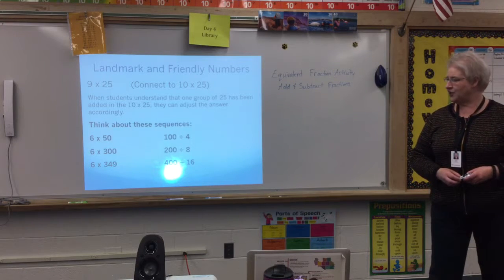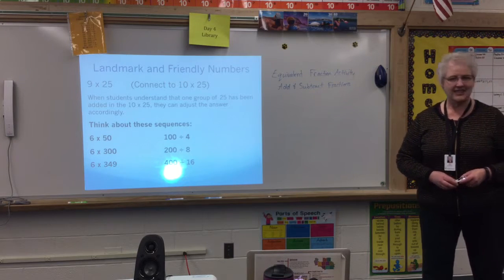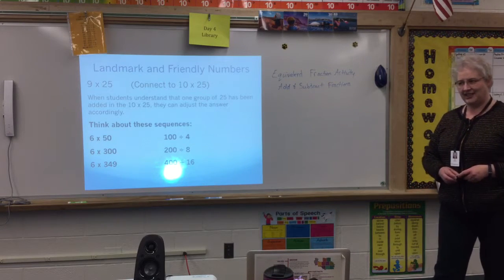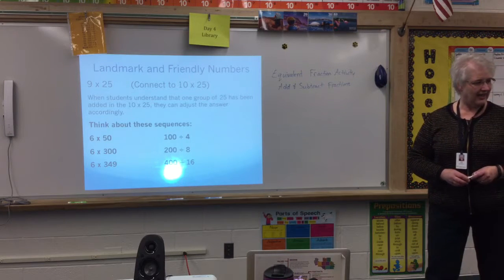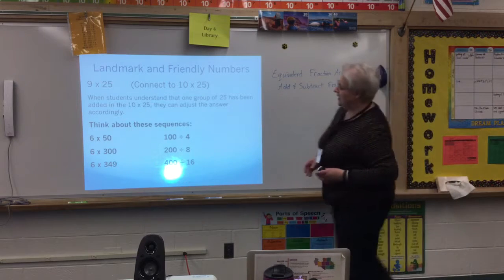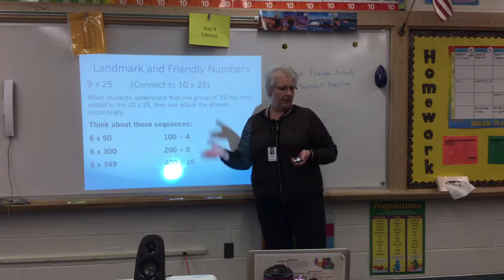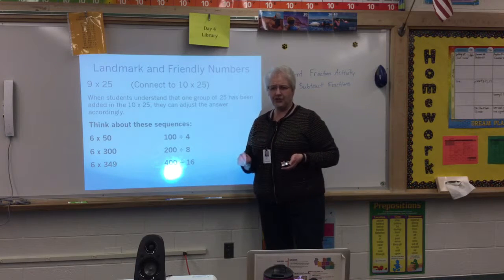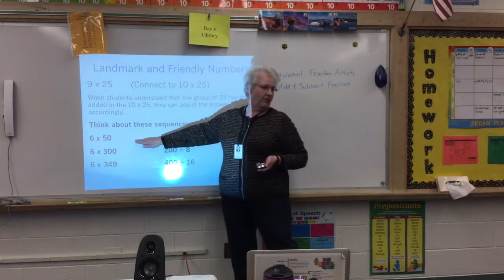Look at how big I jumped from 6 times 50 to 6 times 300. And then finally 6 times 349. Now, I'd say this is probably 5th grade number talk practice, because I'm supposed to have really good number sense for multiplication working in 5th grade. This should be easily doable for them.